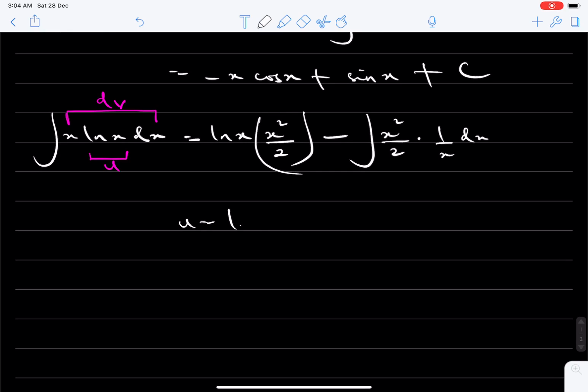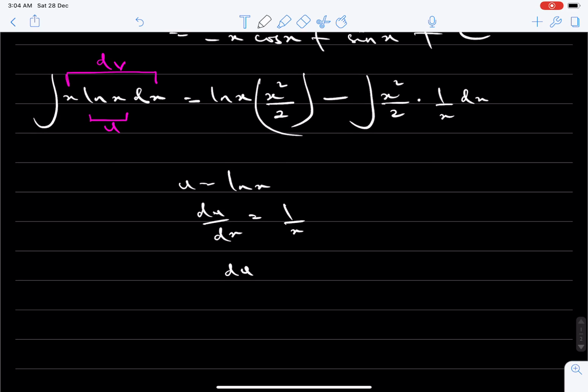If u is ln x, then du/dx is 1 over x, which means du is 1 over x dx, just by cross multiplication.